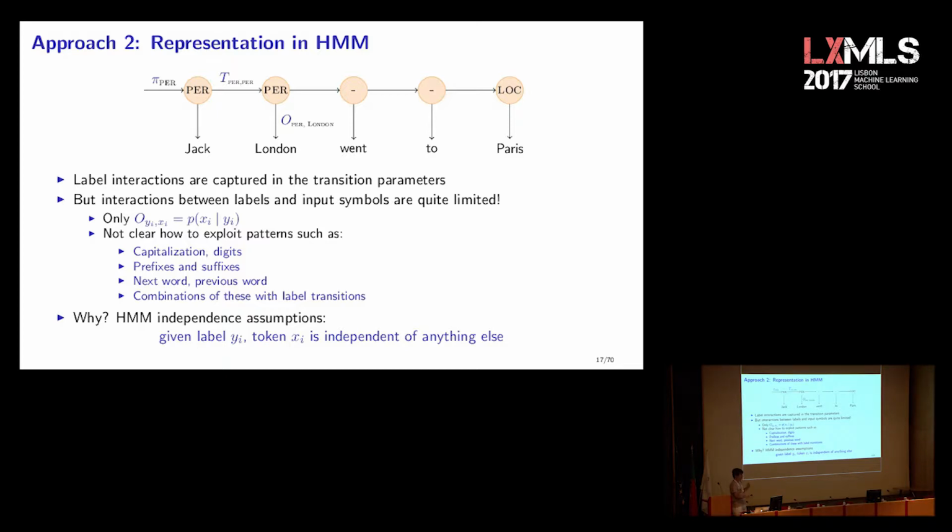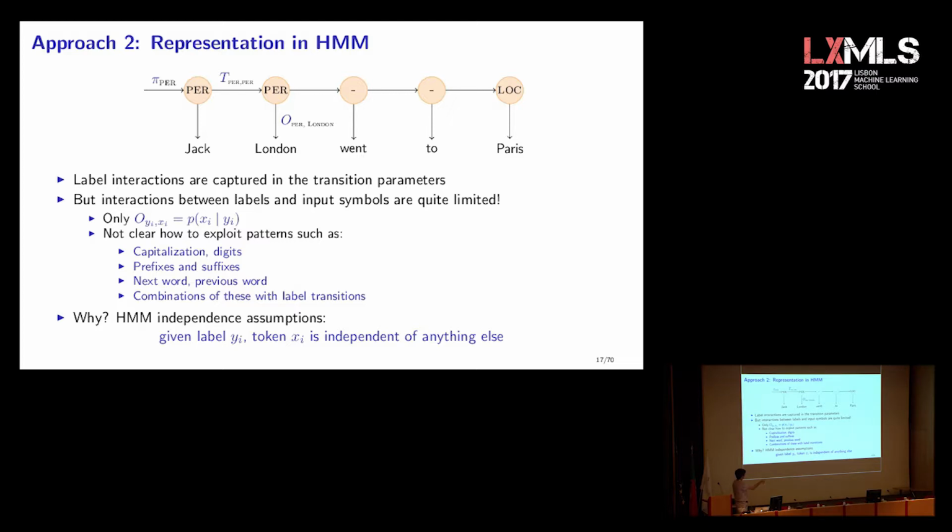In order to do that efficiently, there is the independence assumption that, given a label, the token below it is independent of anything else. It's designed such that the word below is independent of anything except the person label above it.